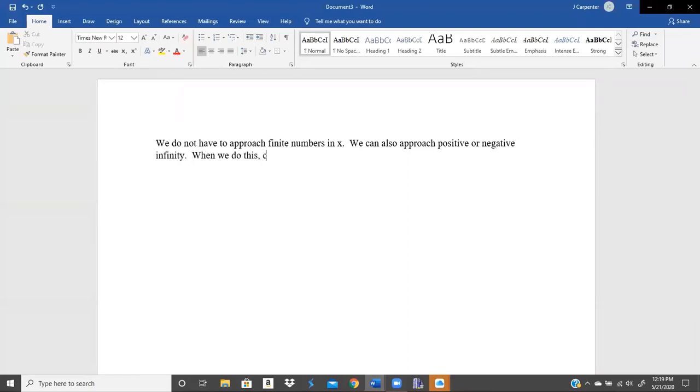When we do this, consider the horizontal asymptotes. So this was a topic from Pre-Calc 1 again. Horizontal asymptotes are a height that you approach as you go left forever or as you go right forever. We've seen vertical asymptotes and we've discussed them. We've also seen horizontal asymptotes but didn't discuss them.